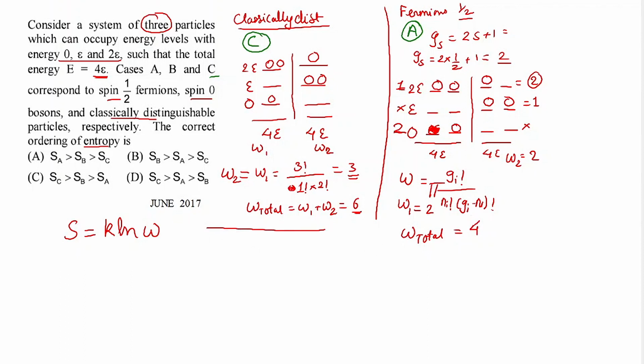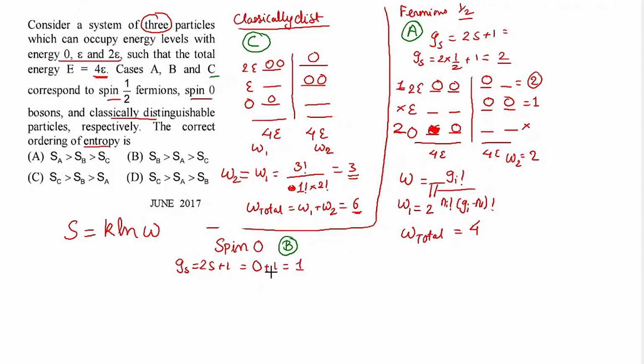Okay. Clear? Now for bosons, that is for spin 0 bosons, this will be situation B. Again we need to find out the degeneracy, and degeneracy g_s is equal to 2s plus 1, and that will be 0 plus 1, that is 1.